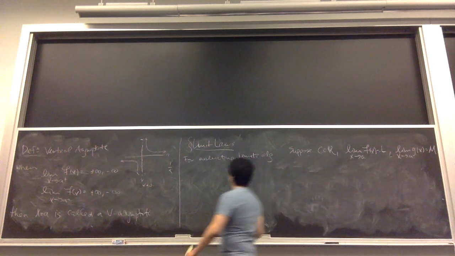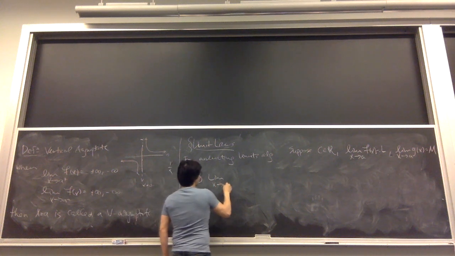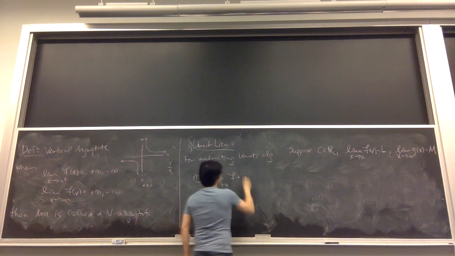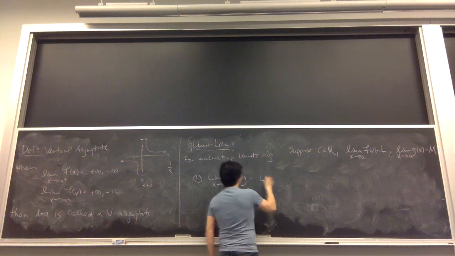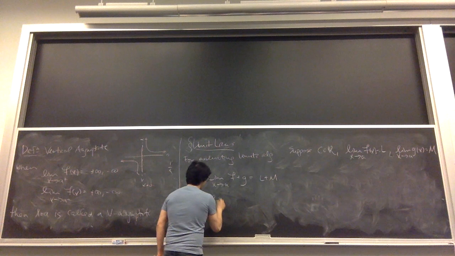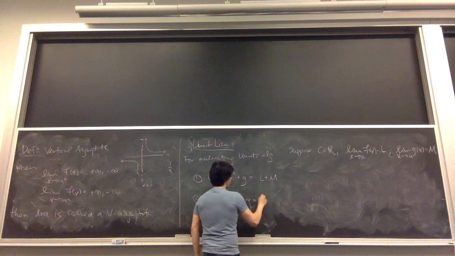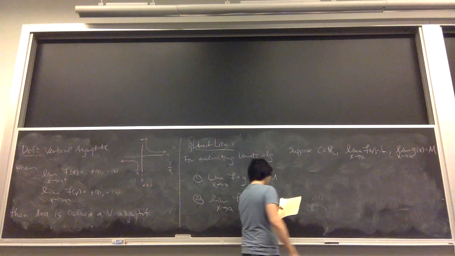Then what can I say? I can say that the limit as x goes to a of f plus g is just going to be L plus m, the sum of the limits. It's also the case that the limit as x goes to a of the product of these two things goes to the product of the limits.